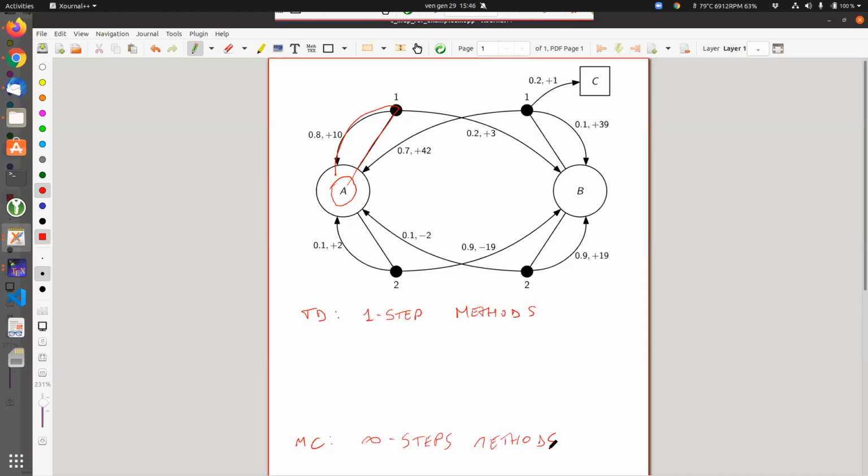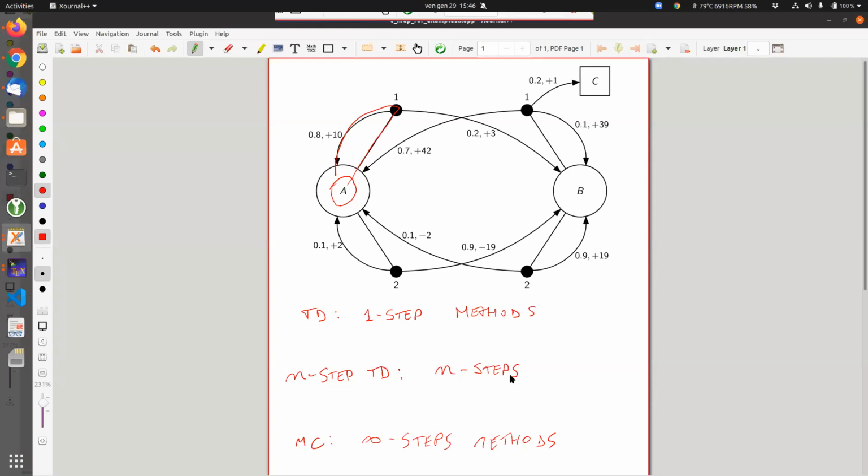In this sense, do you agree that Monte Carlo methods are methods with infinite steps? Not really infinite, of course, but meaning I do as much as I can. In between, I have methods which are called n-step temporal difference methods. And they do, of course, n steps.